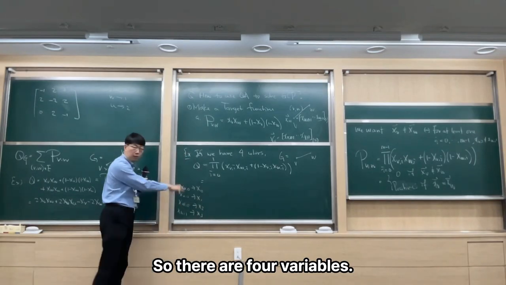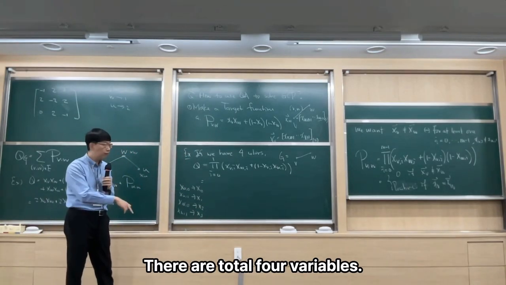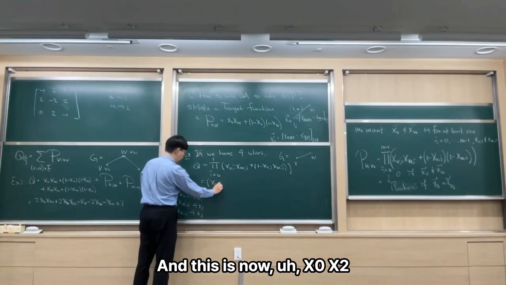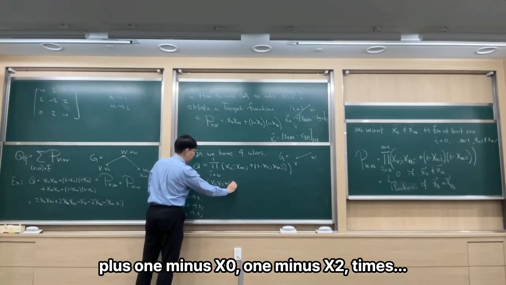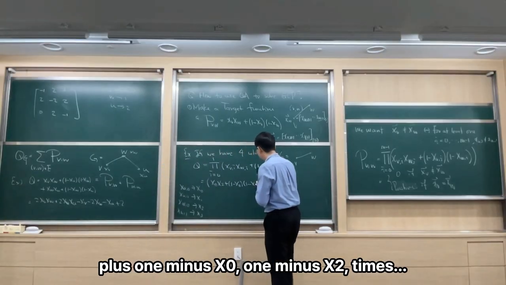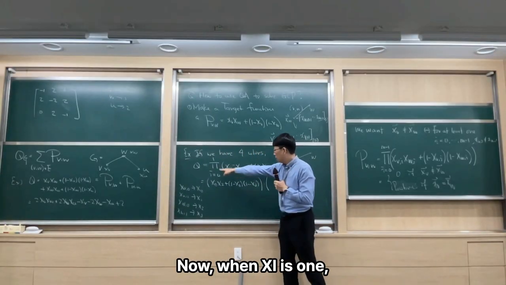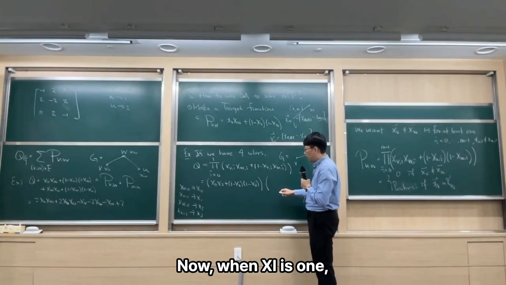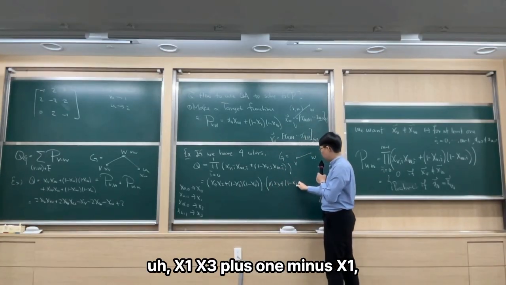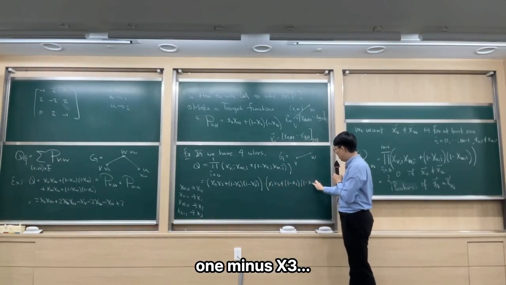So there are total 4 variables, and this is now x0 x2 plus (1 minus x0)(1 minus x2), times, now when i is 1, x1 x3 plus (1 minus x1)(1 minus x3).